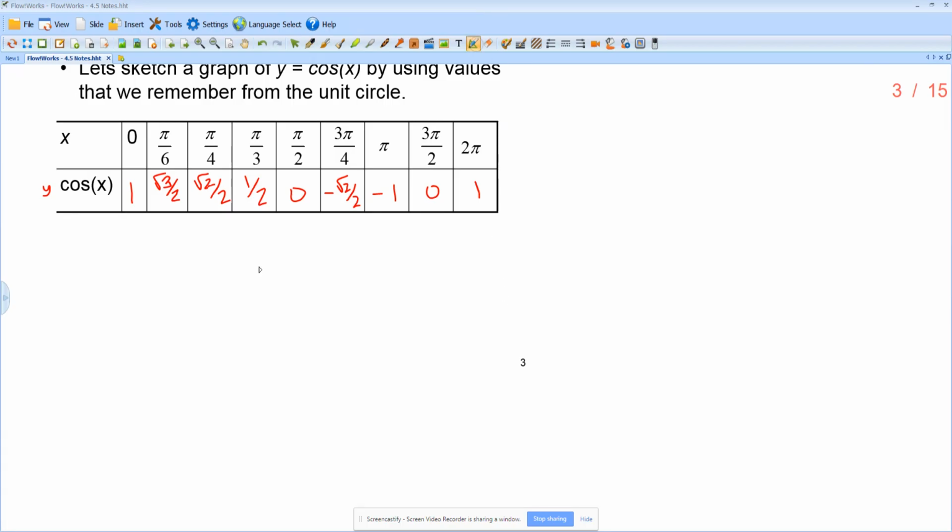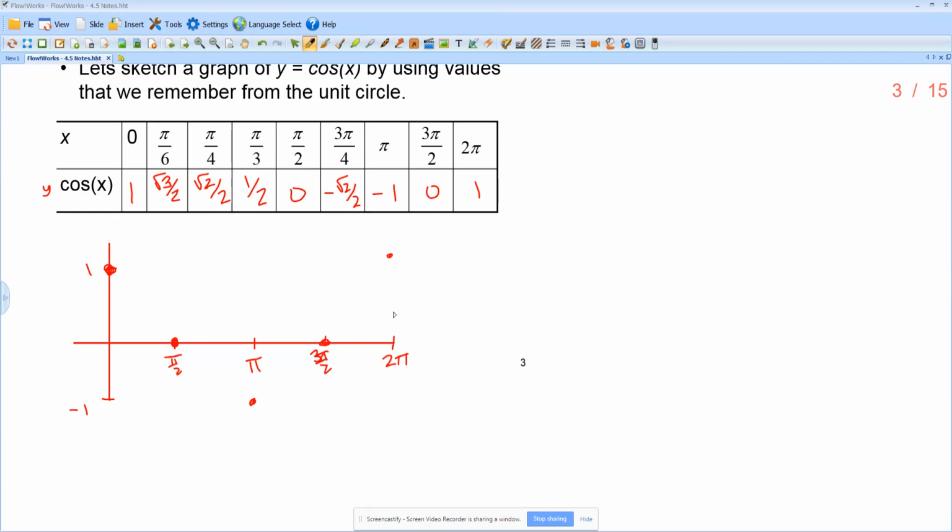So now if I'm going to go and sketch this, let's say that right here I have pi, and right here I have 2 pi, and here I have 1 and -1. And I'll fill in some of the easy ones right away. 0, 1, pi halves, 0, pi, -1, 3 pi halves, 0, and 2 pi, 1.